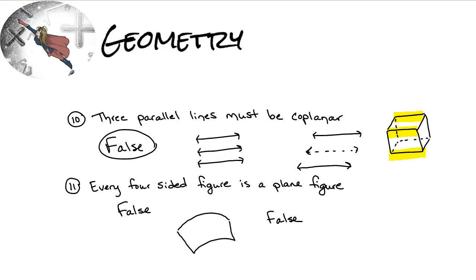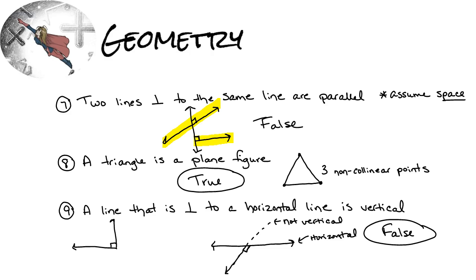And, you know, the other thing you can do with questions like this is take a piece of paper and take a pen or pencil, have the piece of paper be your plane, have the pen or the pencil be the line, and if you need more than one, grab more than one, and then just start trying to arrange things in space the way that they're saying. Like especially with number 9 right here.